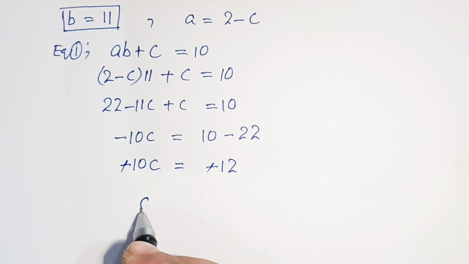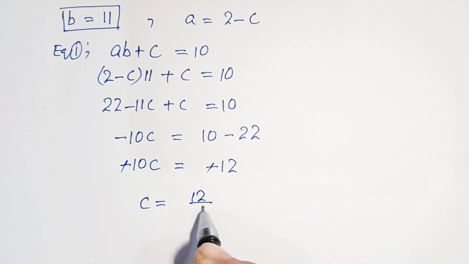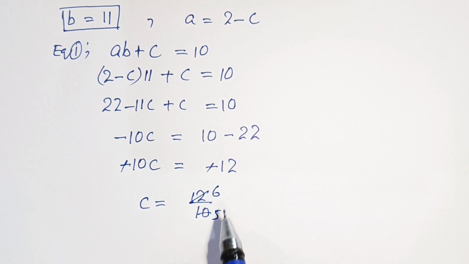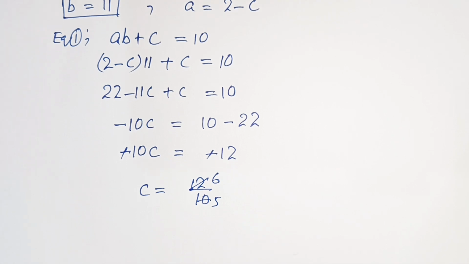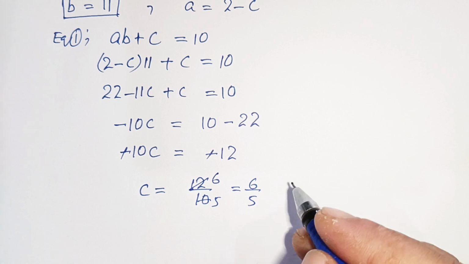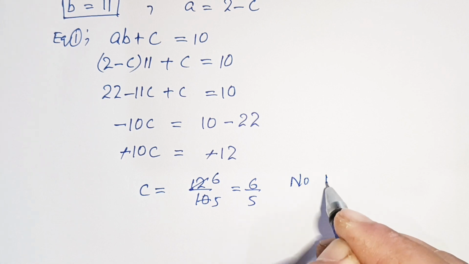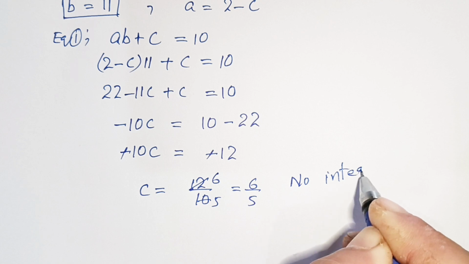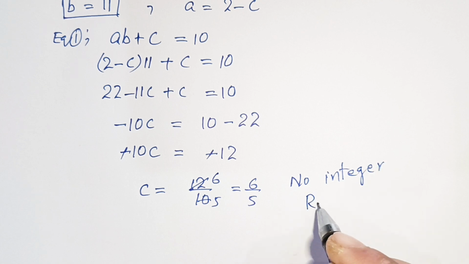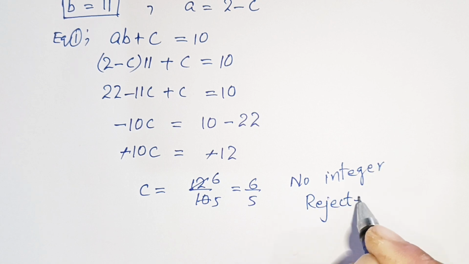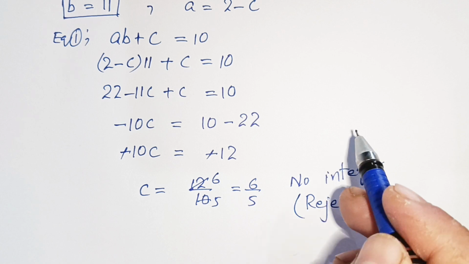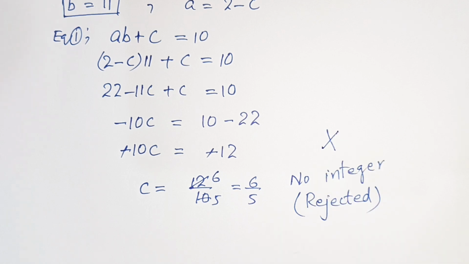Cancelling the negative sign, c = 12/10. Two 6s are 12, two 5s are 10, we get 6/5. Here we see that 6/5 has no solution because it is not an integer. So if it is not an integer, then we are going to reject this case. So case number 4 is also rejected.